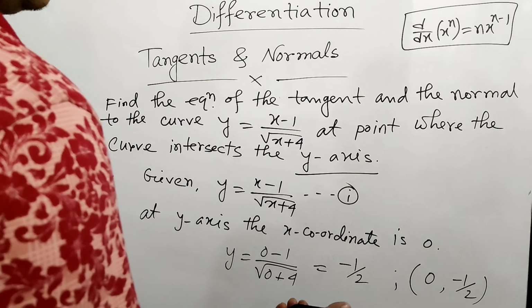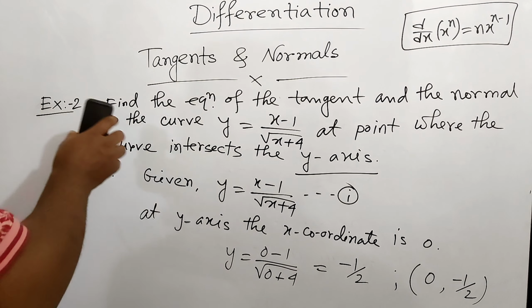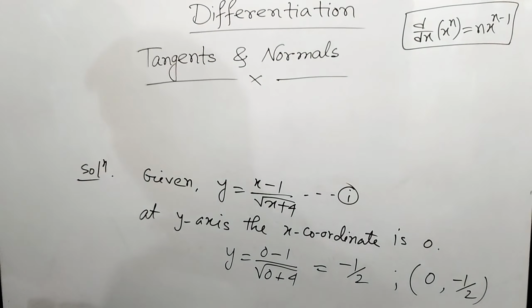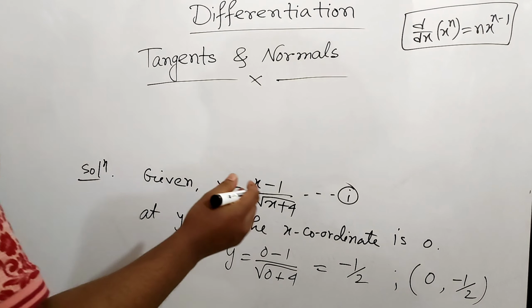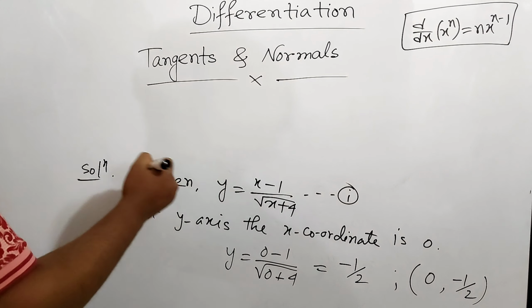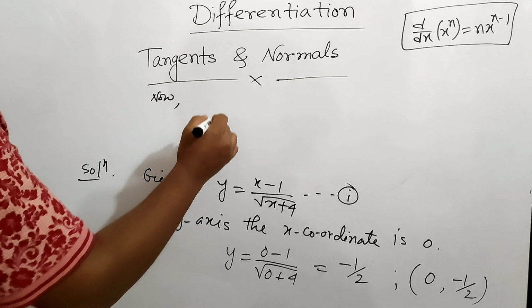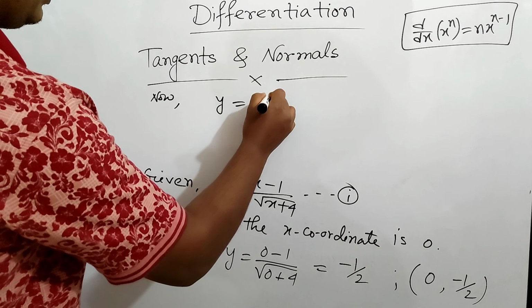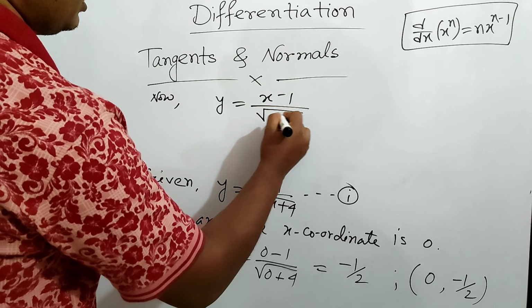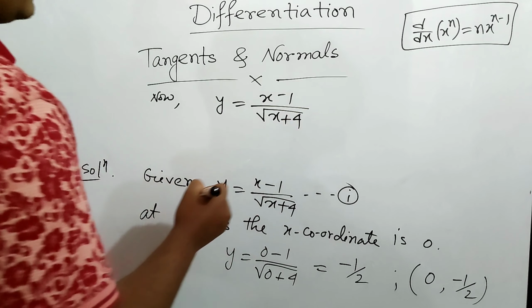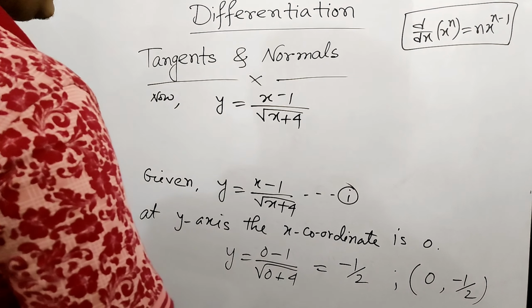Okay, for solving this we can erase this question. First we need to find the gradient. Here y is given, y equals (x minus 1) over root of (x plus 4). Now here we need to do the differentiation.